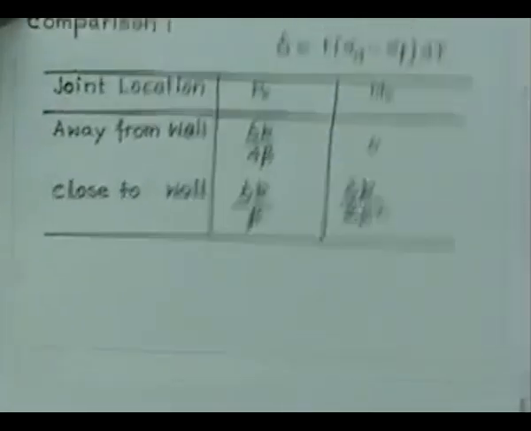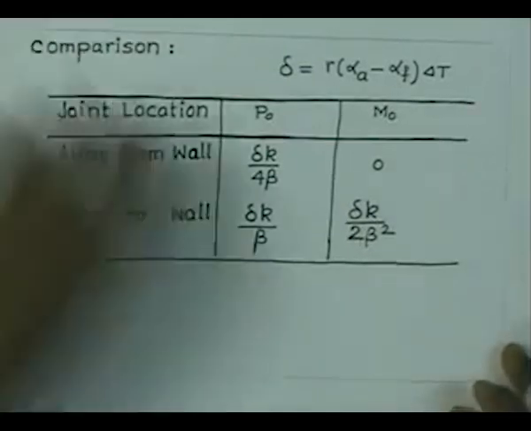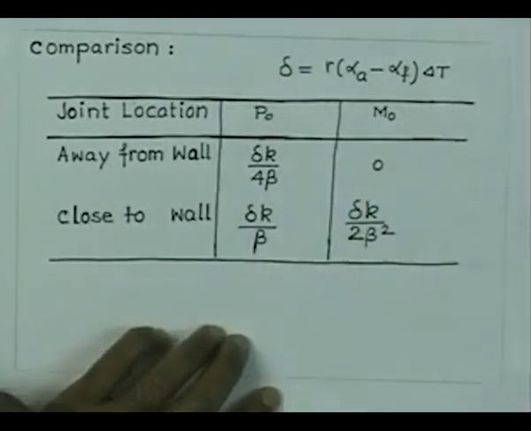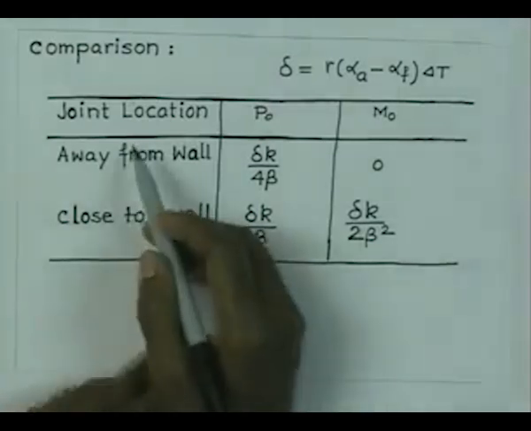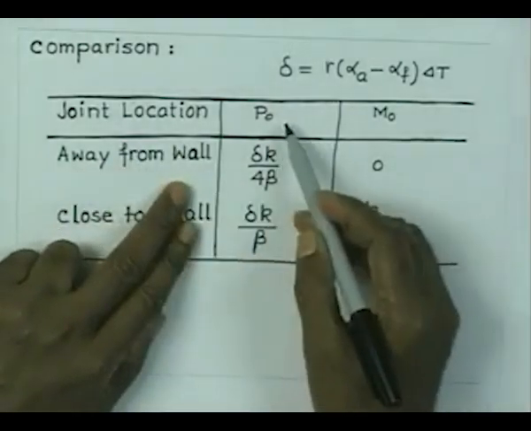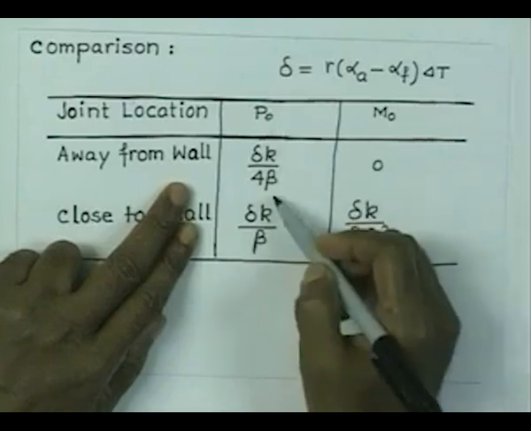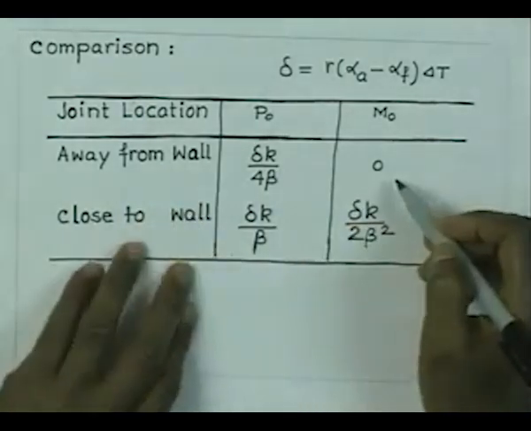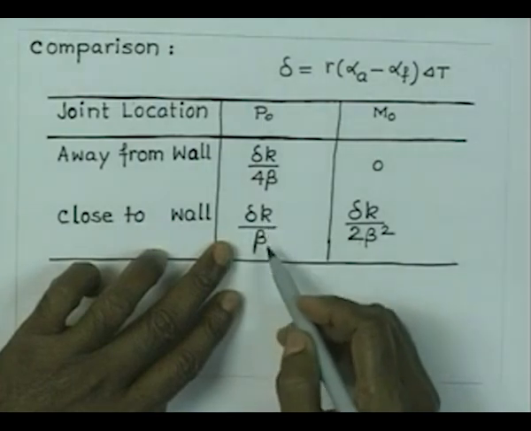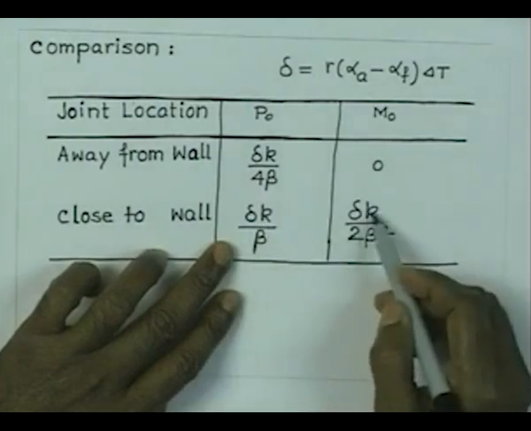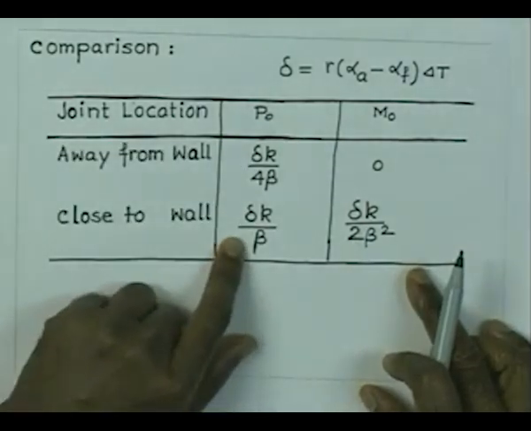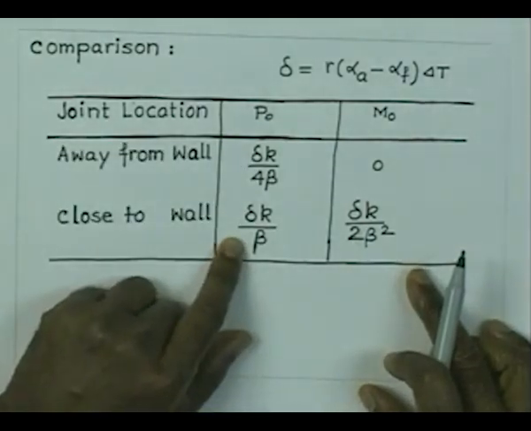If you consider the same temperature rise, with this differential expansion in both cases, then if you locate the joint away from the wall, you have only P0 equal to delta K by 4 beta, and M0 is 0. On the other hand, if you put it close to the wall, it is delta K by beta, and delta K by 2 beta square. Look at this, you have a magnification in the force of 4 times.